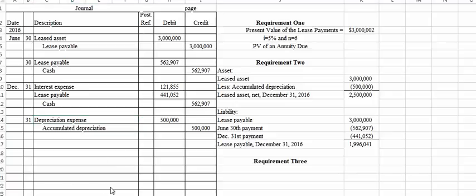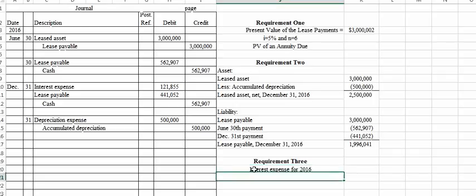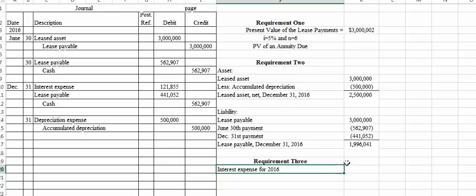I started to say you'd have some more interest, but you wouldn't. The interest is caught up. Payment was made on December 31st, so you'd have interest expense for 2016. Now this is just associated with this lease. The company could have had other interest expense, of course, would be equal to the debit to interest expense over here. So once you make the journal entries, you've got all this information laid out for you.